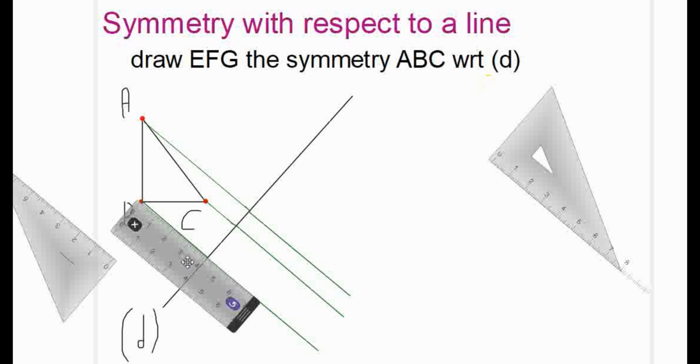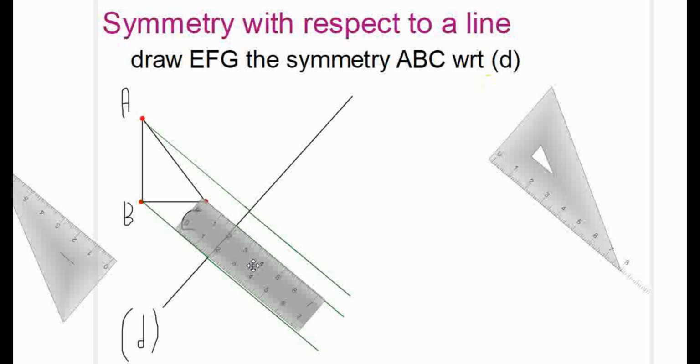So it is 4.1. I will put a mark on 4.1 on the other side. Here it is, and the other one I will measure. It is about 1.9. So on the other side I will mark 1.9.